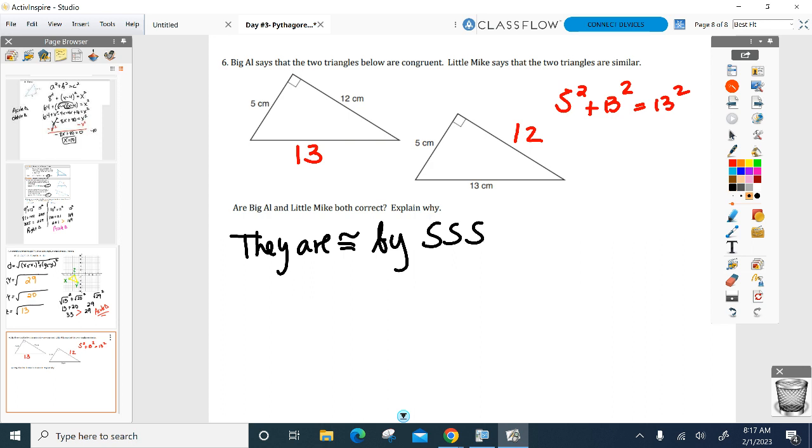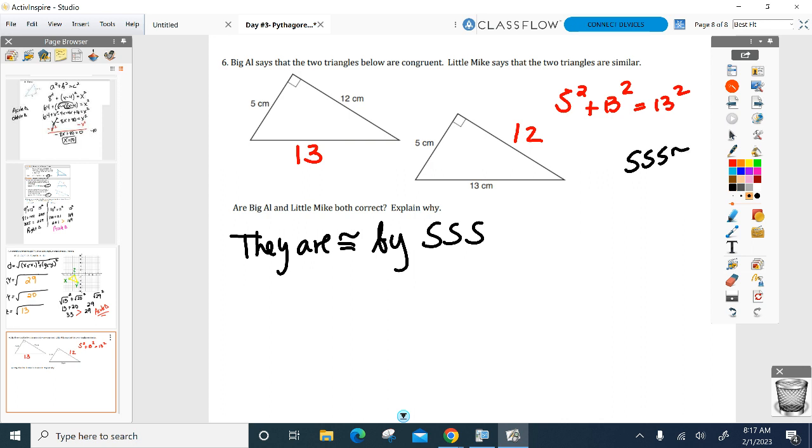How about similar? His brother there, Little Mike, says they're similar. What do we think? Similar? Why are we saying no? Can they not be similar if they're congruent, right, or no? They are similar. Okay, I'm having some debate here. Good. So if all the angles are the same, they'd be similar. Or we could say angle, angle. Remember the other methods?